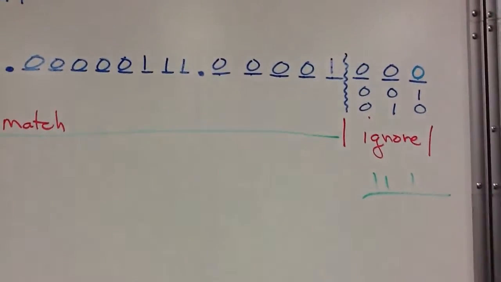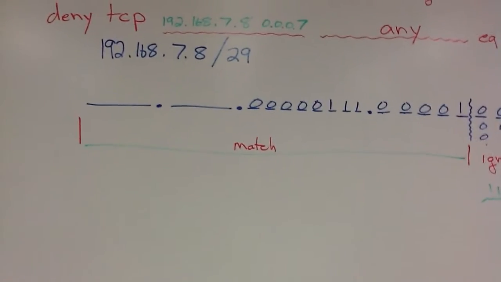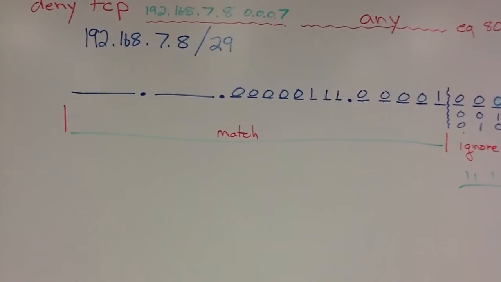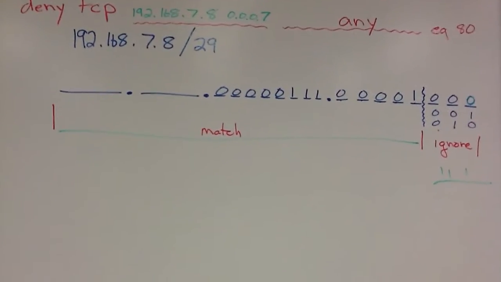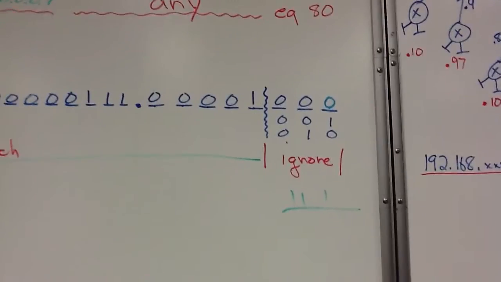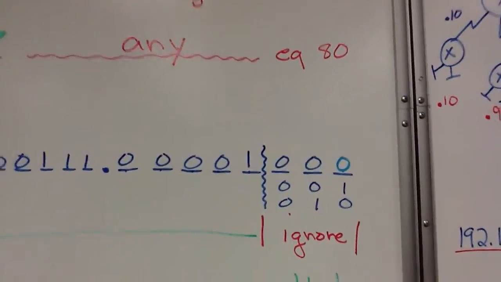You can see how this matches that on top there, that 192.168.7.8. So this part has to match in the access list. This part we can ignore, so it's all ones. We have an any because we're going to anywhere out on the internet. Then we have port 80.